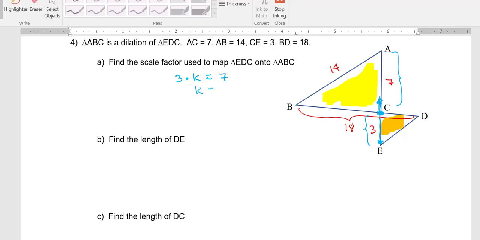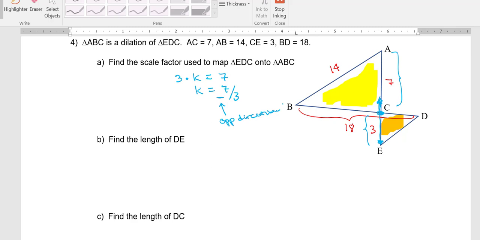So your scale factor in this case, solving for k, would be 7/3. And because it's in the opposite direction, that means the point went in the opposite direction, so we have a negative scale factor.